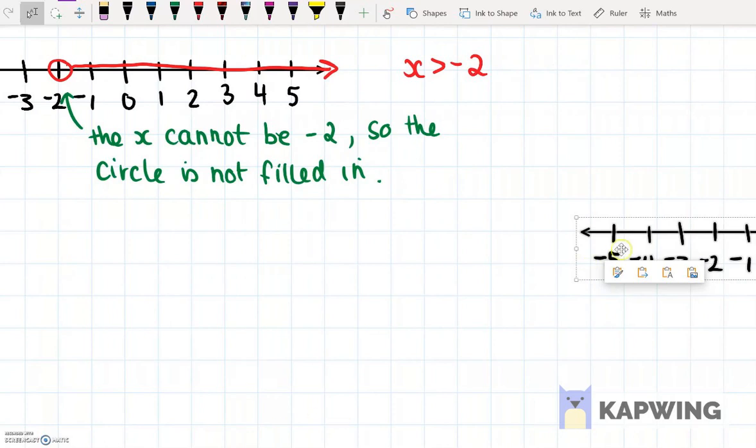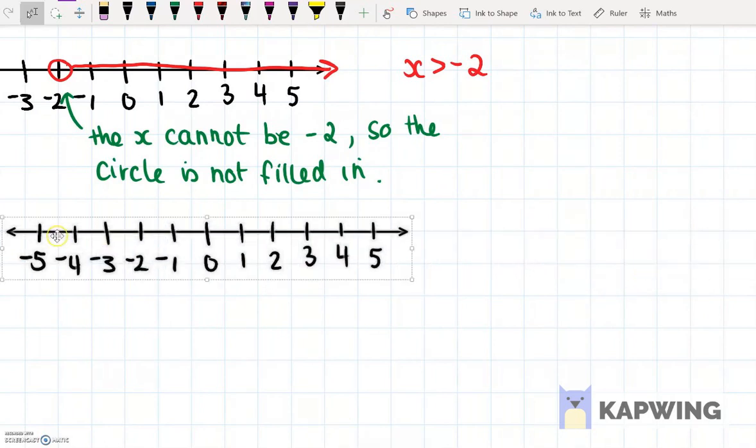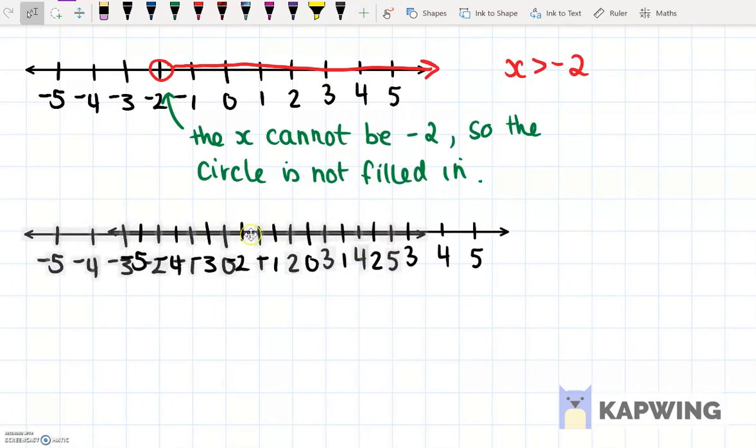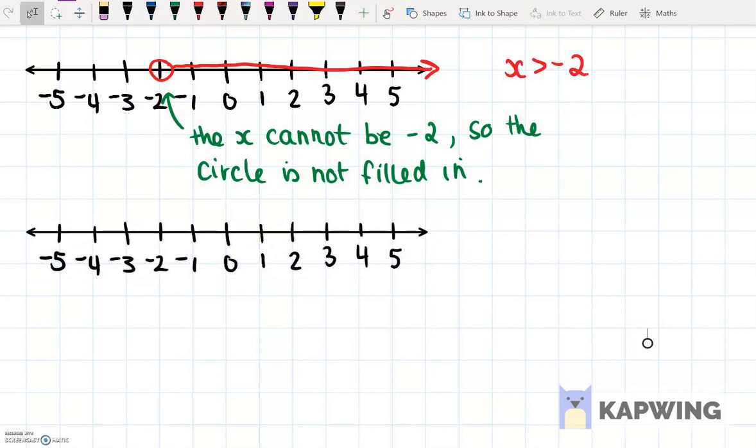All right, I've made some more of these lovely number lines for us to work with. So we'll try this again with a new value. This time, what we're going to look at is the graph of x is less than or equal to 3.